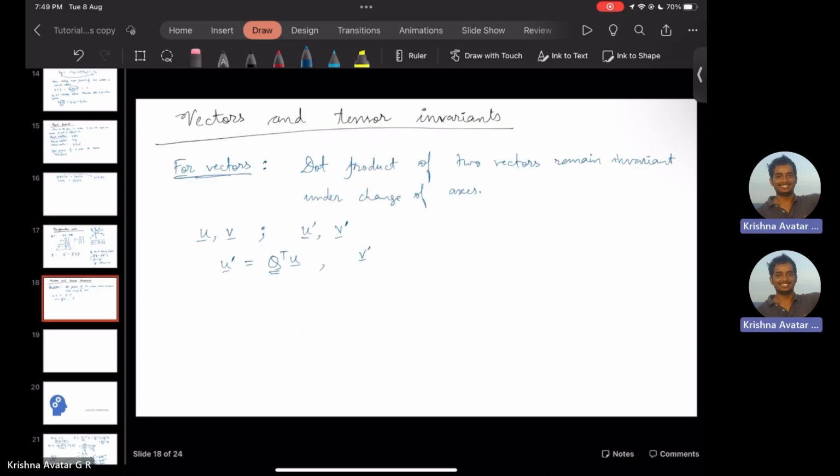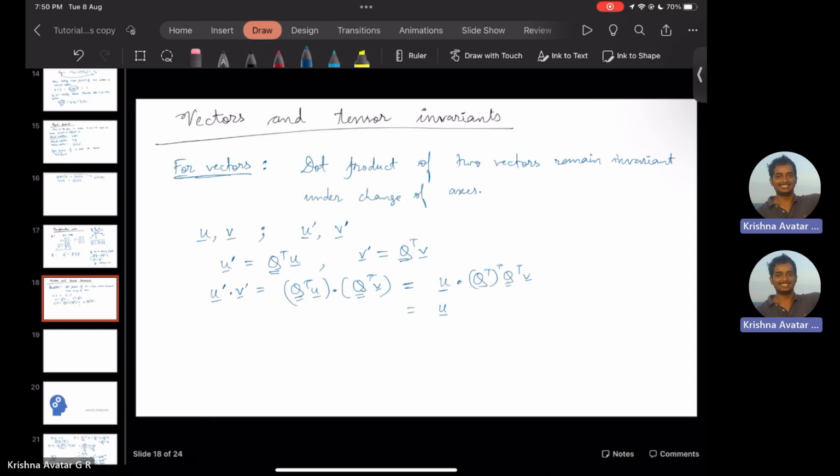Fine. Now v again transforms as Q transpose v. Now when you take the dot product of u prime and v prime, what you see is you'll have Q transpose u dot Q transpose v, and you could use that property. There is one property of a second order tensor that this becomes u dot Q Q transpose v.